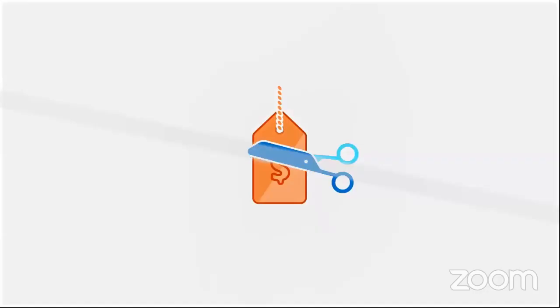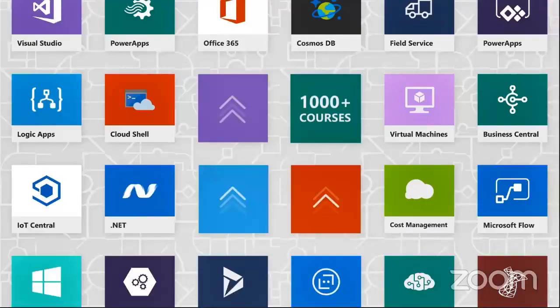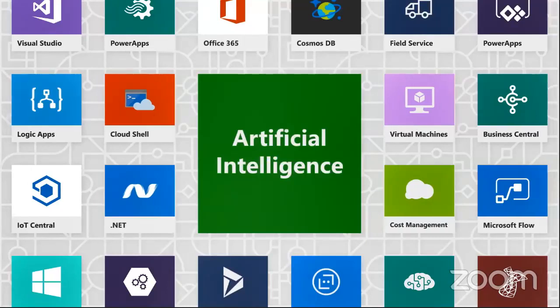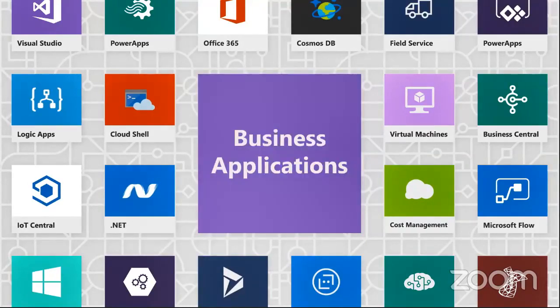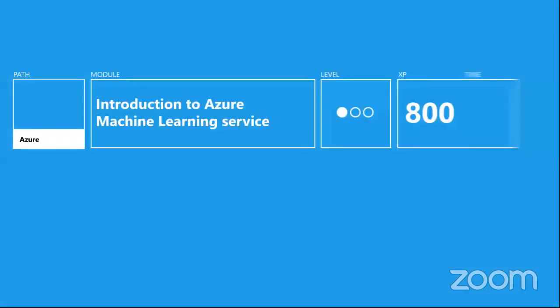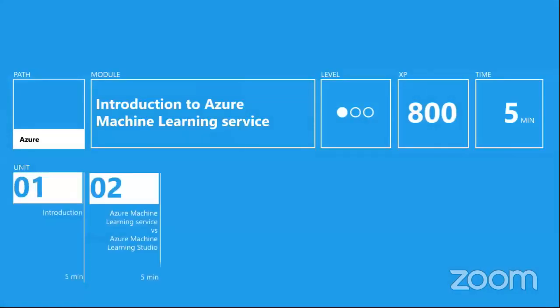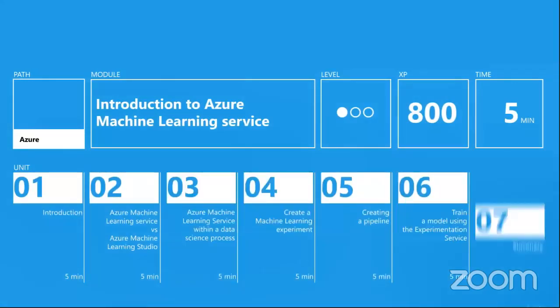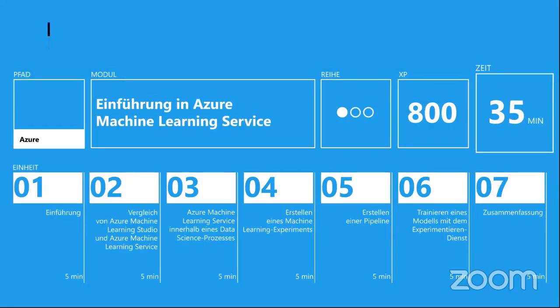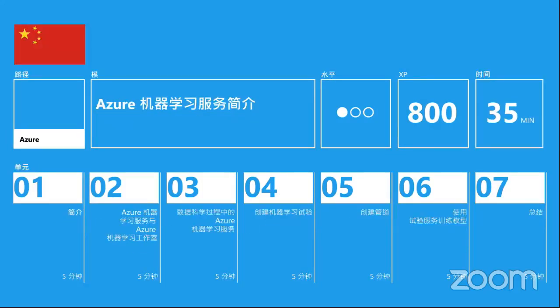With more than 1,000 courses and growing, find a wide variety of topics, including Azure, artificial intelligence, business applications, modern workplace, and Windows development. These modules offer a concise, interactive, and friendly way to pick up new skills as you venture into new career paths or start preparing for Microsoft certifications. You can complete most of them in 15 to 60 minutes. All have been translated into a variety of common languages.